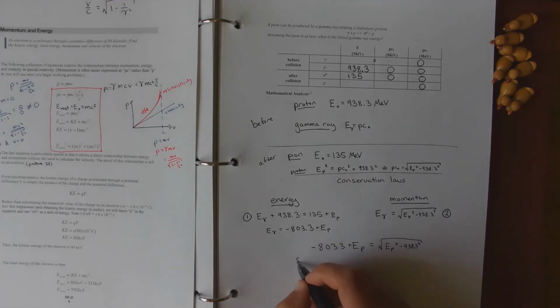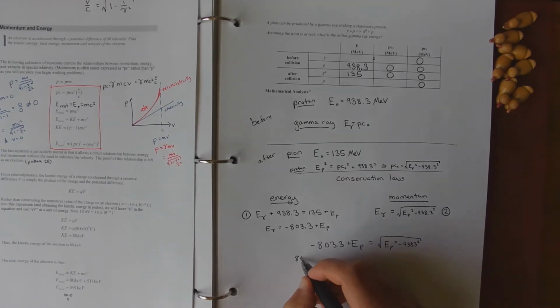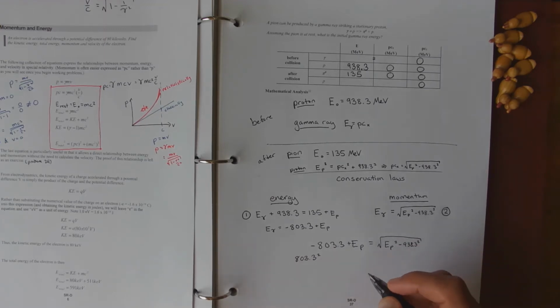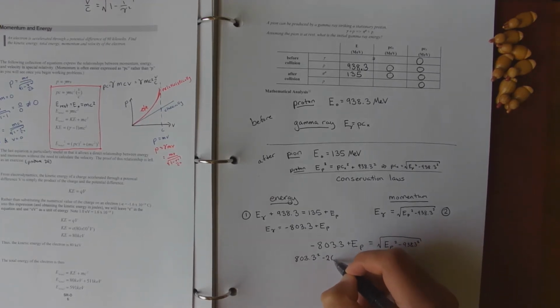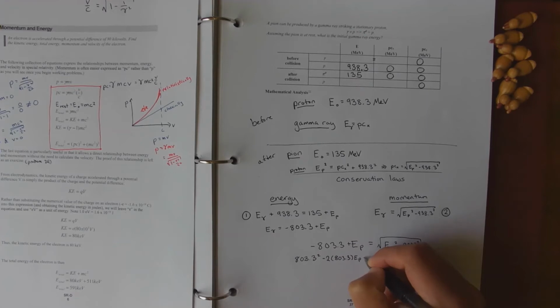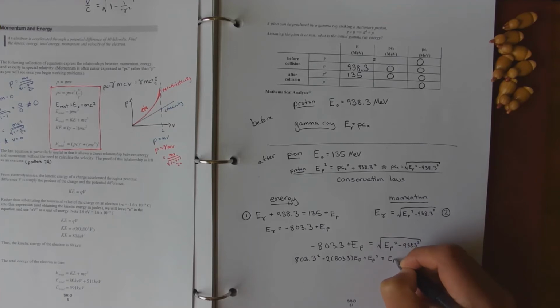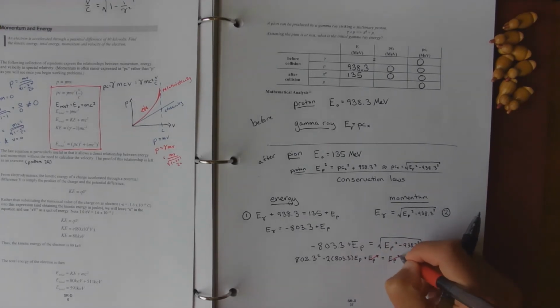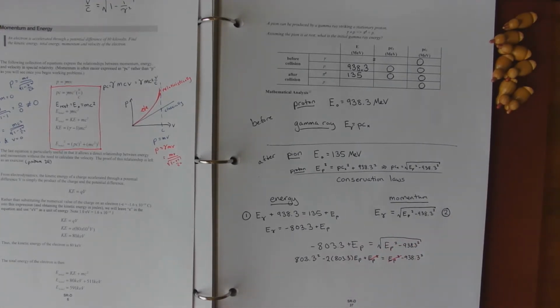So this would be 803.3 squared minus 2 times 803.3 times EP plus EP squared is equal to EP squared minus 938.3 squared. Then this cancels with this. Very nice.